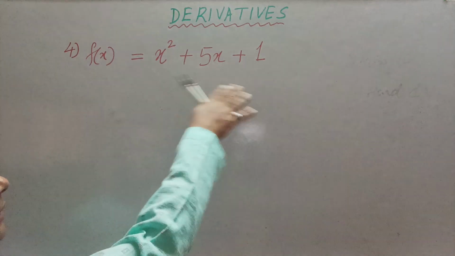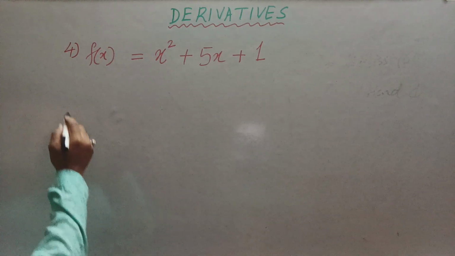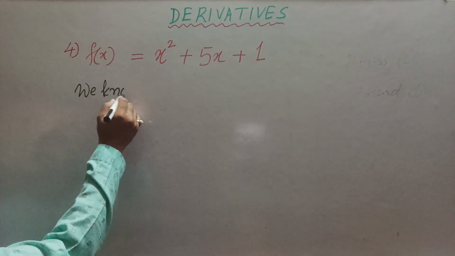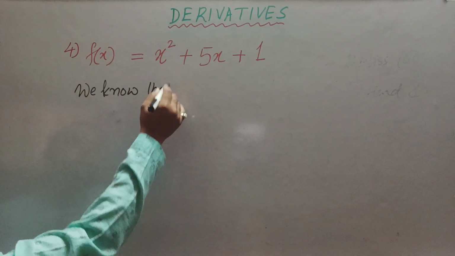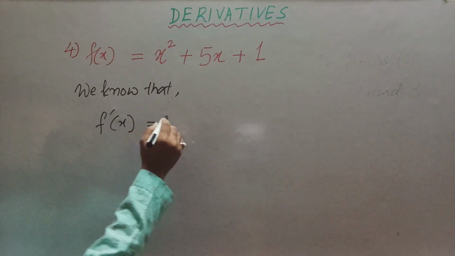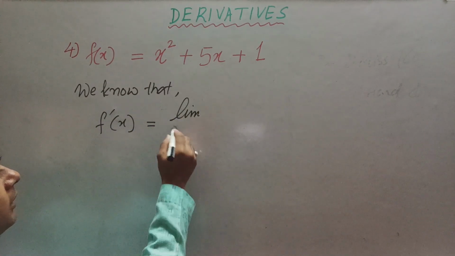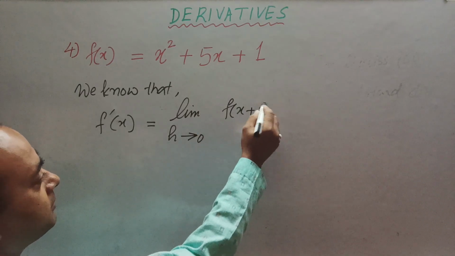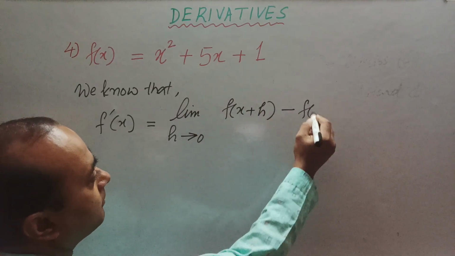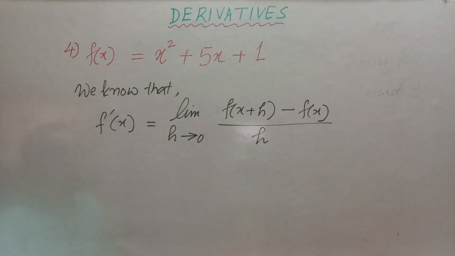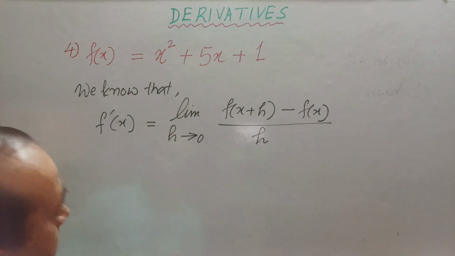So here we have a trinomial, right? The beginning is the same: we know that f dash x is equal to limit of h tends to 0 of f of x plus h minus f(x) upon h. This beginning is the same.